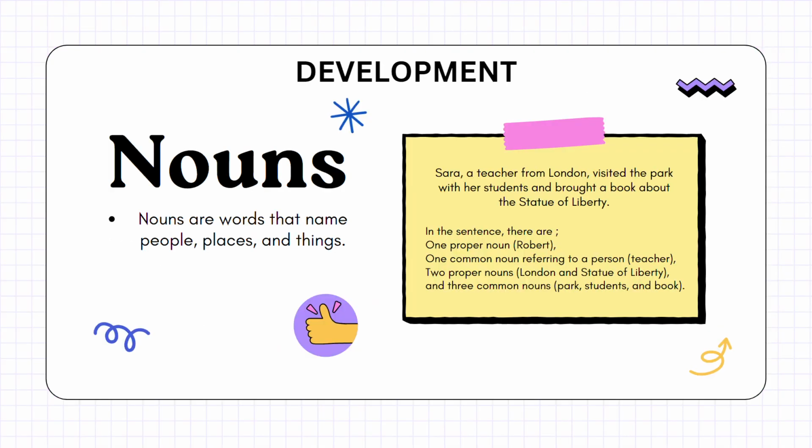Now, let's move on to the other D, which is development. You can see in the PowerPoint presentation the content of the lesson. In this case, the discussion will be about nouns. This component comprises the development and the delivery of the instructional material.